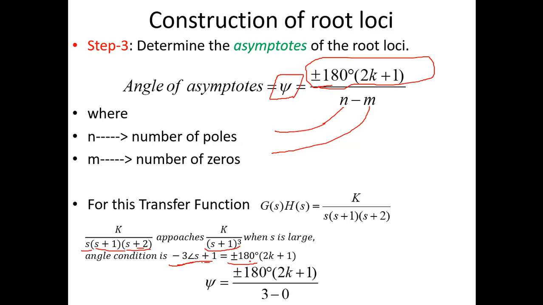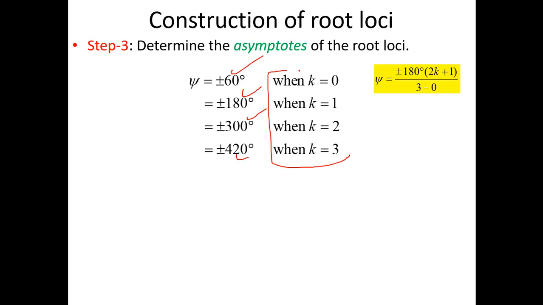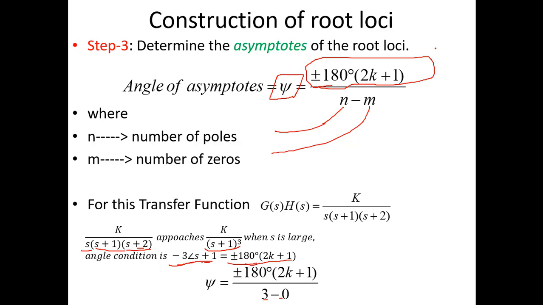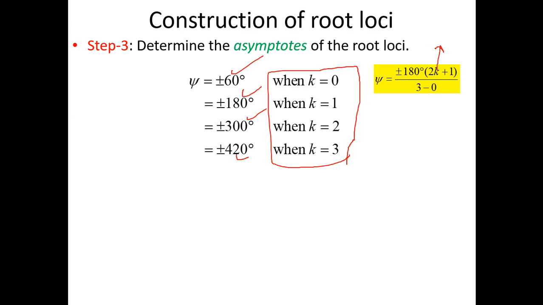So it should be an odd multiple of 180 degrees, and if you divide by 3, you will get the angles plus or minus 60 degrees, plus or minus 180, plus or minus 300, and plus or minus 420, depending upon the value of k.